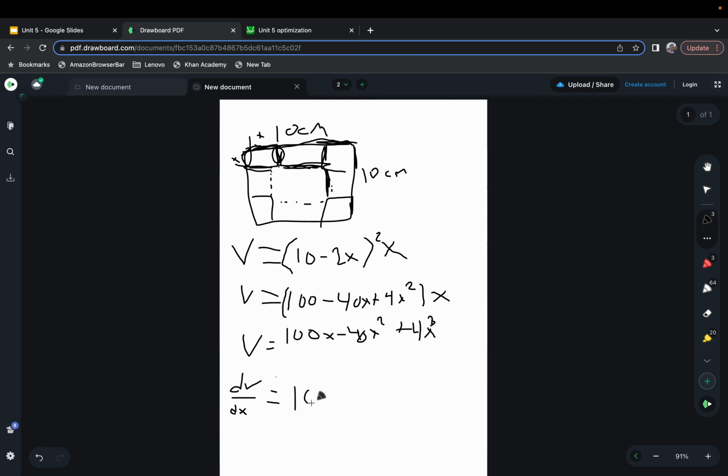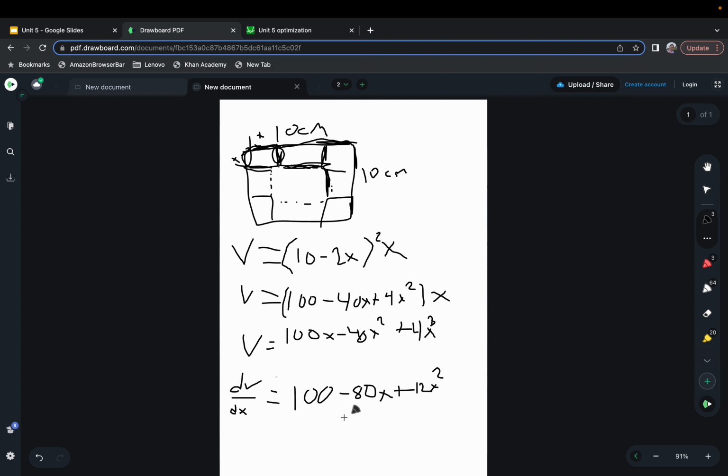We can just use our normal power rule, and we don't have to worry about those extra dx terms. So we'll have 100, this is all power rule, minus 80x plus 12x squared. This is our derivative.